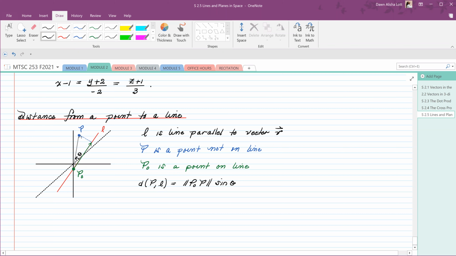This distance over here, that over the length of P naught P will be the sine of theta. So in other words, the distance from P to L over the length of P naught P is equal to the sine of theta.